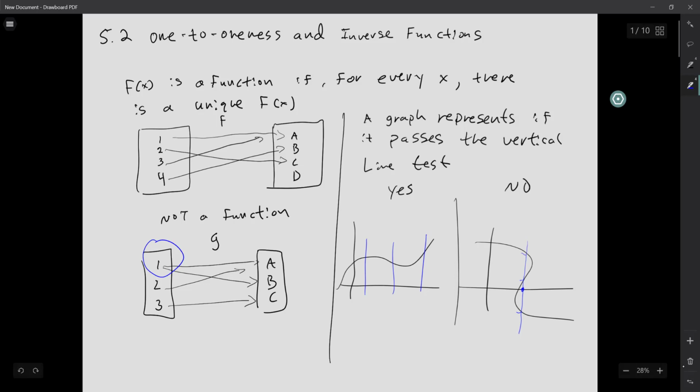Now the reason we bring this up is because we have different types of functions. We could call a function onto, in fact, if it hits everything. So, for example, a line is onto because you can plug in every real number, and as a result, you can actually get every real number.